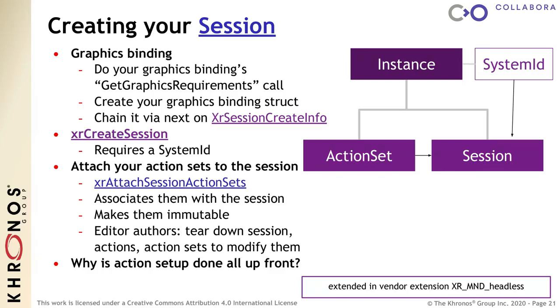We want to be able to provide the user with the maximum ability to configure how they're interacting with their application right away. So when they launch your application and it turns out there's no suggested bindings for the hardware that they have, the runtime can pop up a UI that provides them the ability to map your specified actions to the hardware that they have available.